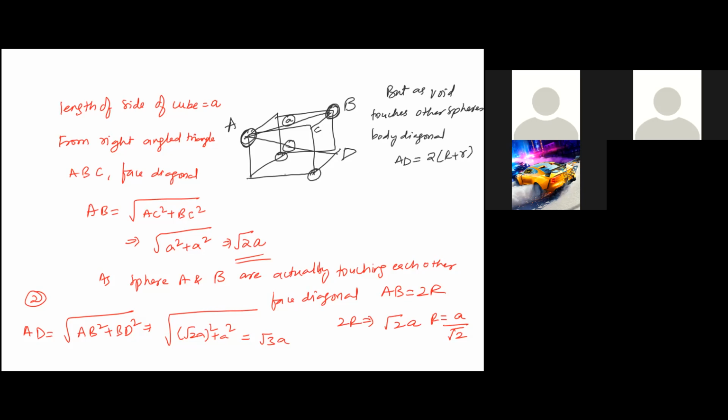The small r is nothing but the radius of the void. So 2R plus 2r will be root 3a, and R plus r is equal to root 3 by 2a. This is equation 2 and this is equation 1. I have to solve both of them.